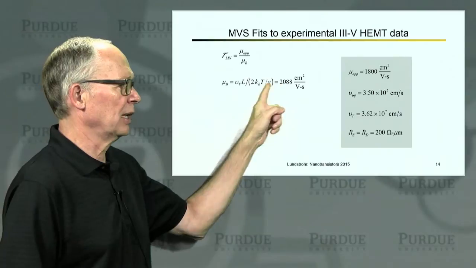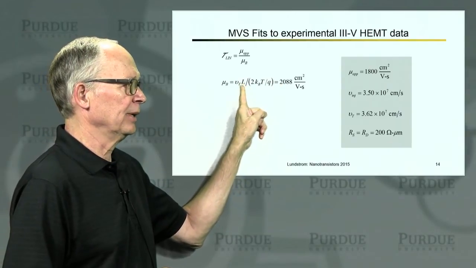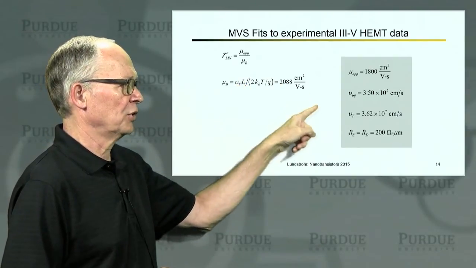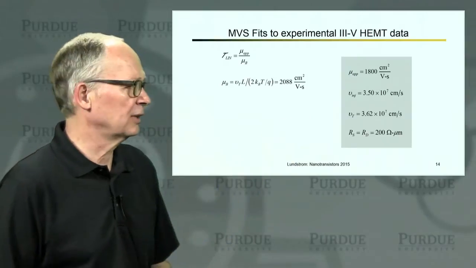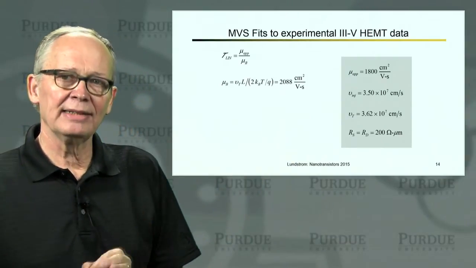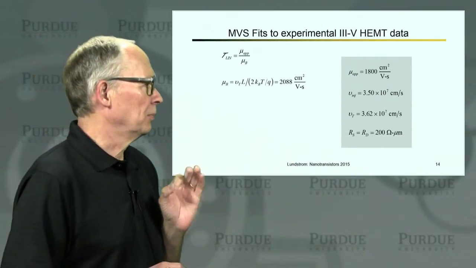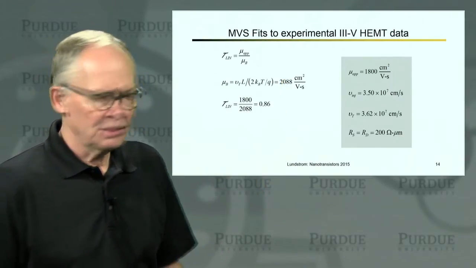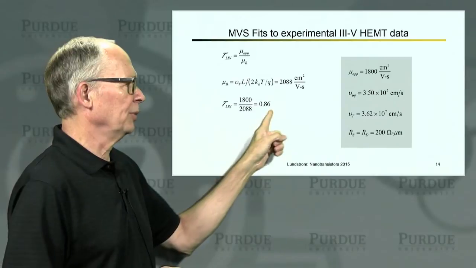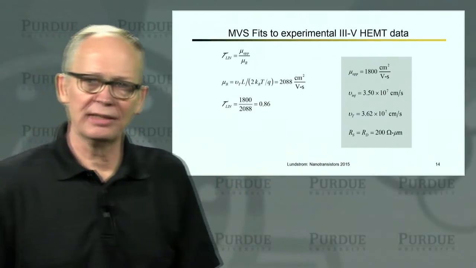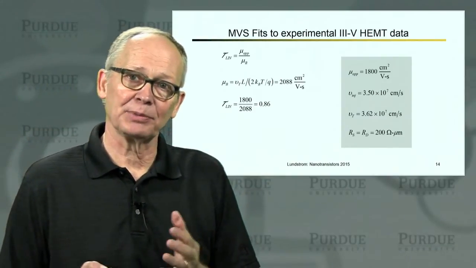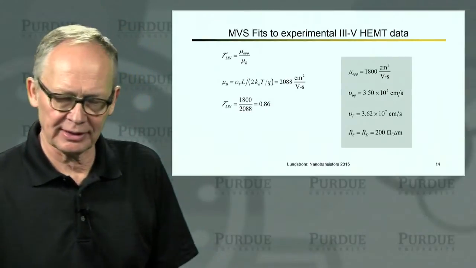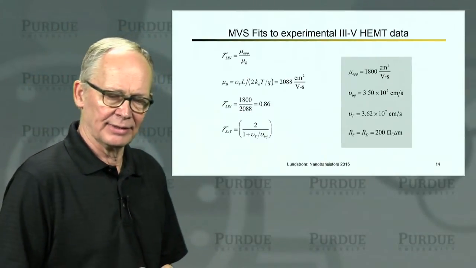We have all of the parameters. Channel length is 30 nanometers. The thermal velocity is 3.62 times 10 to the 7th. We find a ballistic mobility that is a little over 2,000. So we can put numbers in our formula, and we find a transmission in the linear regime that is 86%, much closer to the ballistic limit than the silicon device was.